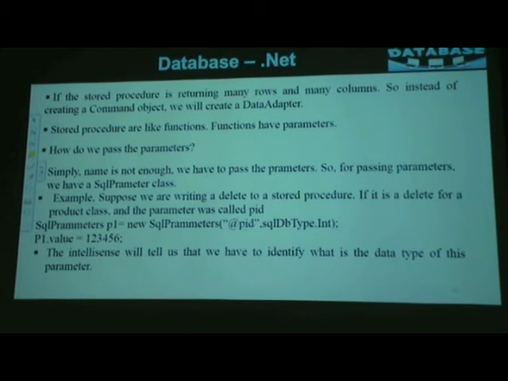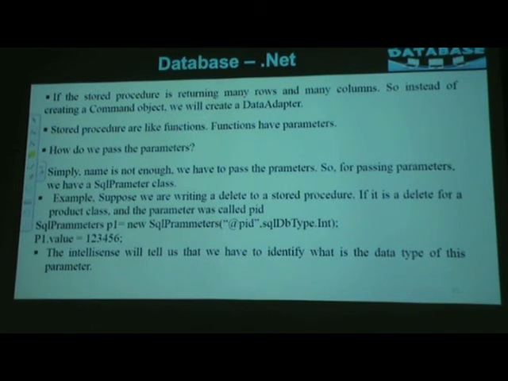So first you have to identify what the parameter is for that stored procedure. A stored procedure is like a function. It has a name, and between brackets it has parameters. So in our code we need to identify that parameter and the name. The name is not enough.